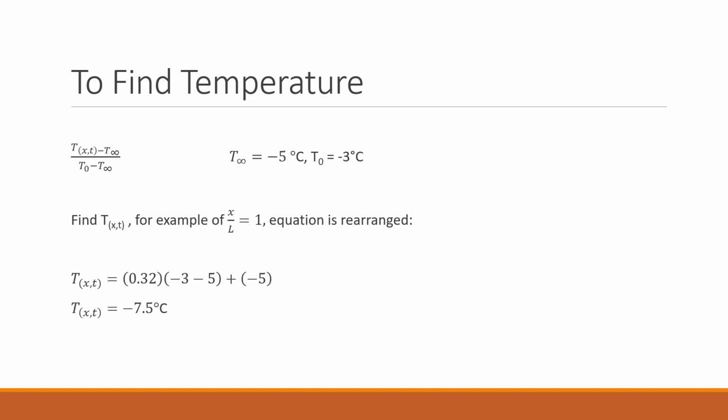So we're now finding T(x,t), using the example that we used for the Heisler chart, where x over L is equal to 1. This is performed for other values of x over L, but this is just an example. So we rearrange the equation and we get a value of T(x,t) of -4.3 degrees Celsius.